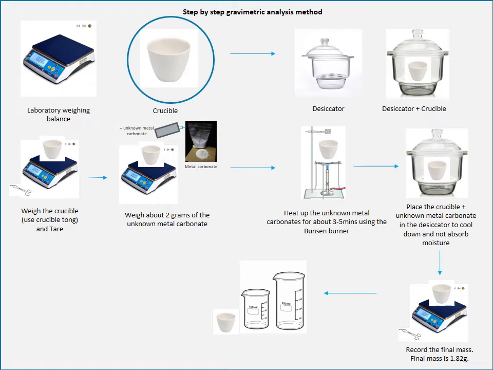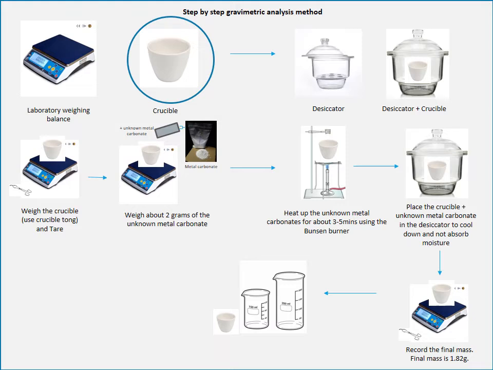The metal carbonate can be group 1 metal carbonates. We have lithium carbonate, potassium carbonate, and sodium carbonate. So again, after taring it, we will add 2 grams of our unknown metal carbonate.